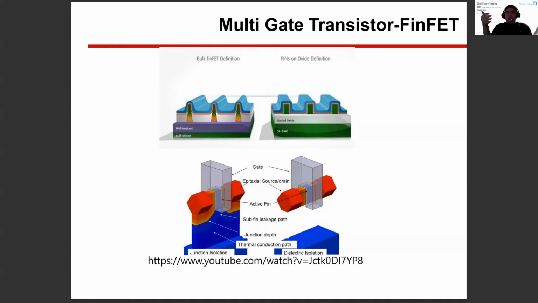That means we can control the flow from three directions. That is one of the biggest breakthroughs in the semiconductor industry. So this FinFET structure is widely used until now.